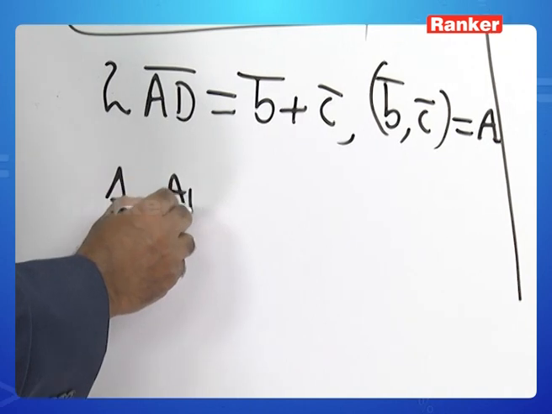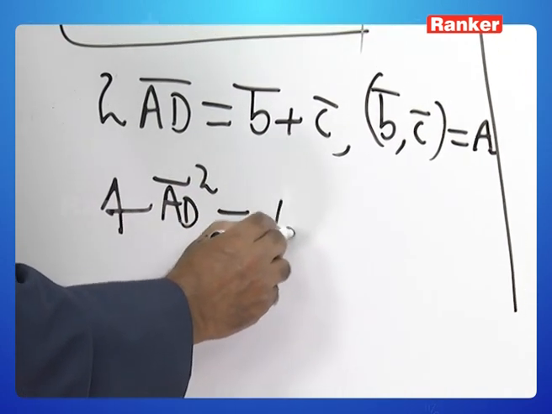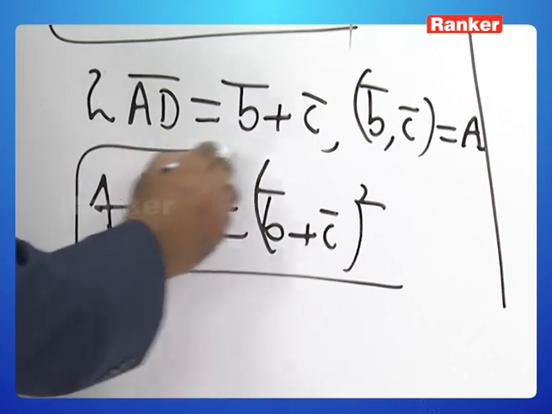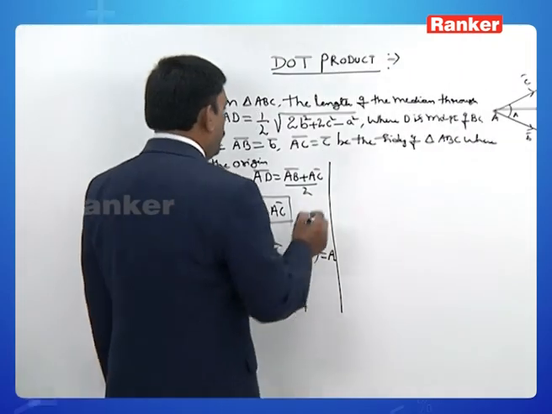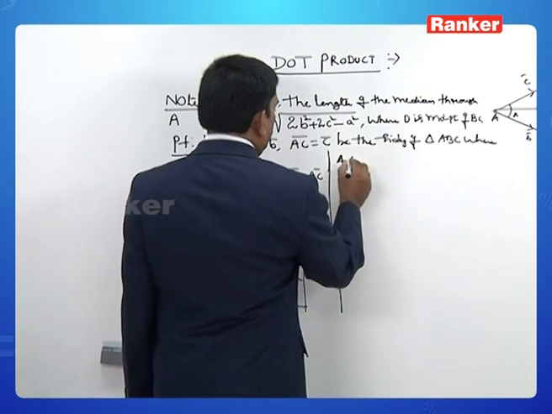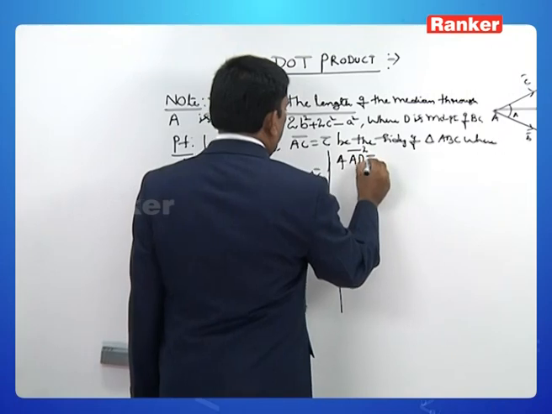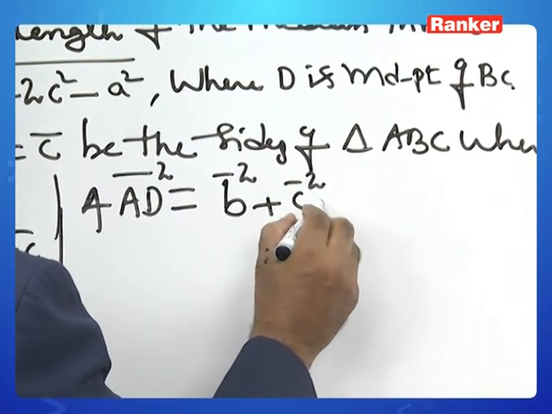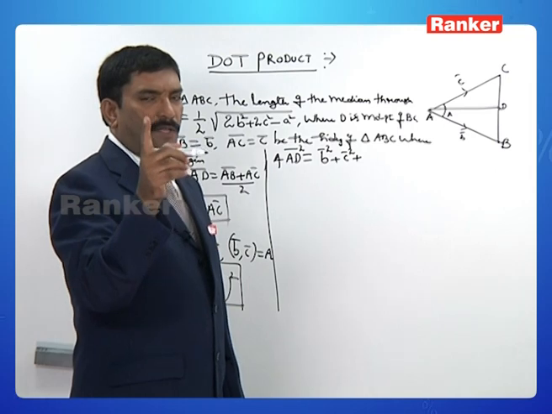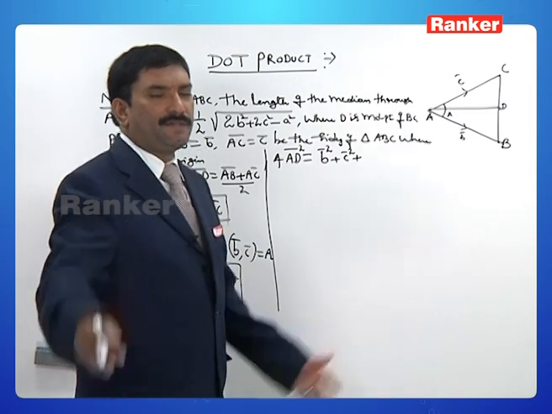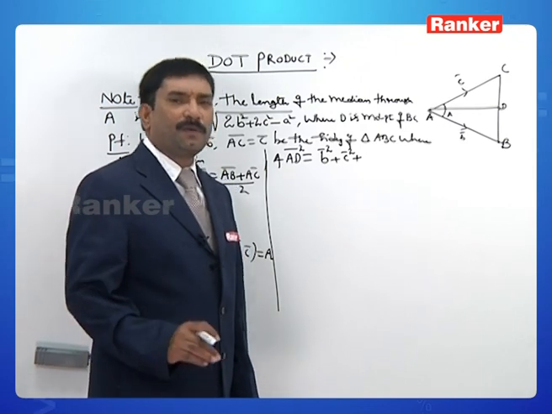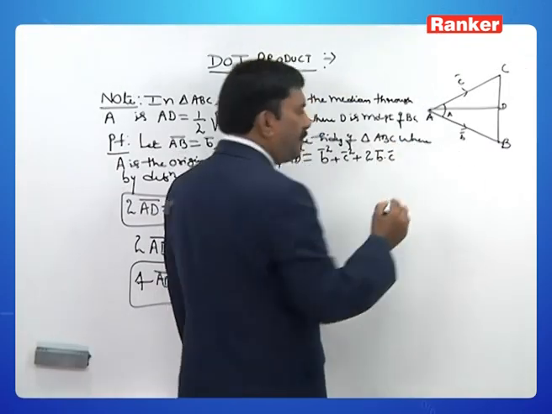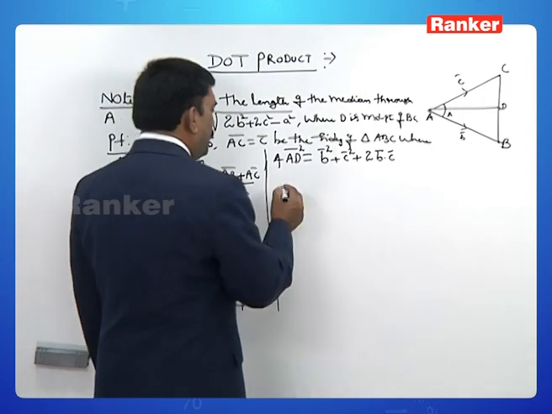Squaring on both sides, 4 AD bar square is equal to b bar square plus c bar square plus 2 b bar dot c bar, since modulus of b bar plus c bar whole square is the same as b bar plus c bar whole square.